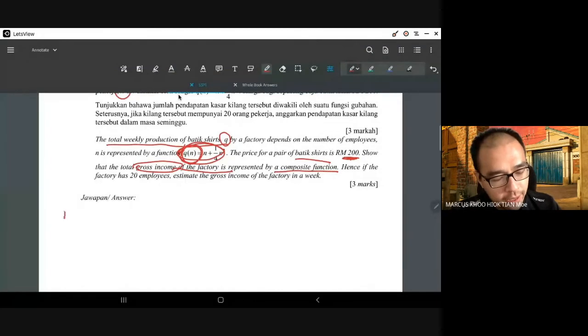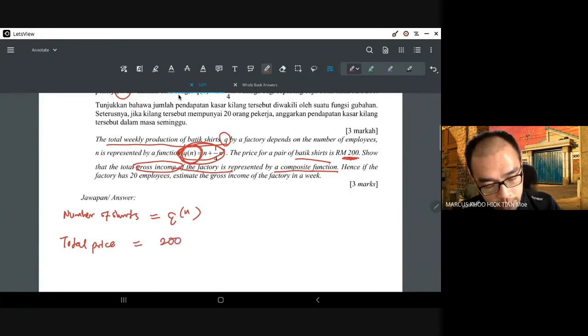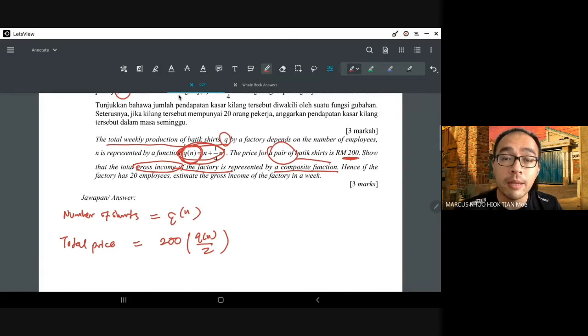So the number of shirts is Qn, that's the function. Now the total price then will be 200 times Qn over 2. Sebab a pair. Kan? That means satu pasang 200 ringgit. So that means bilangan yang dikeluarkan, you have to bahagi dua lah.